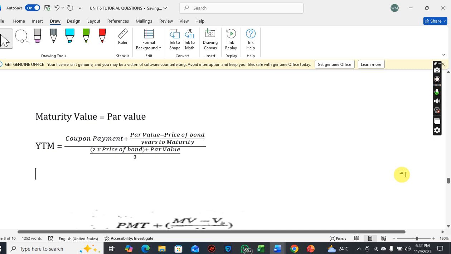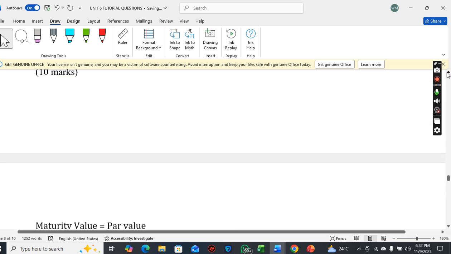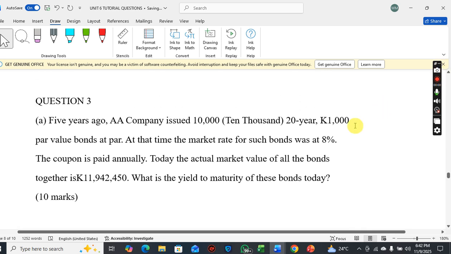Okay, so we need to get the coupon payments. 8% of 1,000.